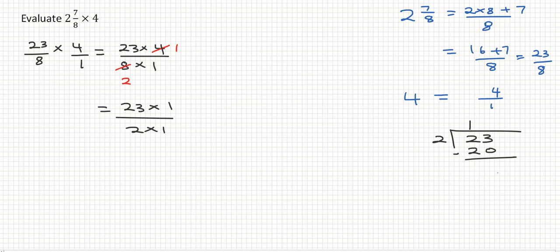And then we subtract. We have 3. 3 divided by 2, we have 1. 1 multiplied by 2, we have 2. And then we subtract again, we're left with 1. So this is going to leave us with 23 over 2, which is also the same as 11 and 1/2.